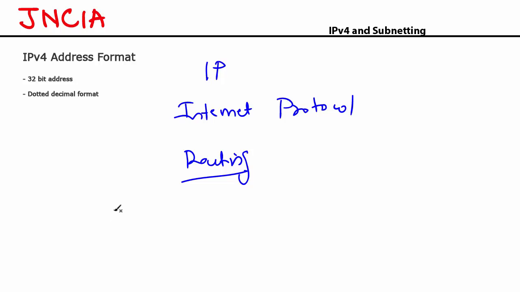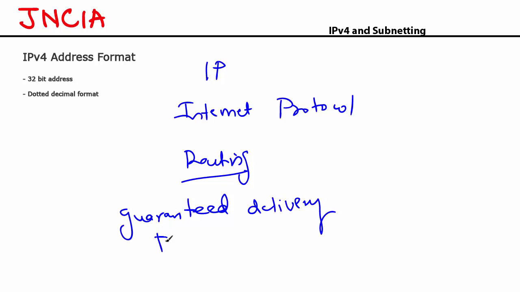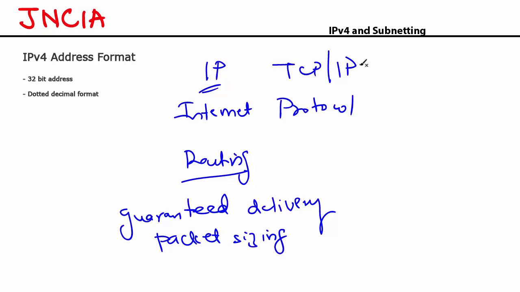There's another important thing that you need to remember: things like guaranteed delivery of packets, and packet sizing, are not taken care of by IP. That's the function of the TCP protocol that works over IP.